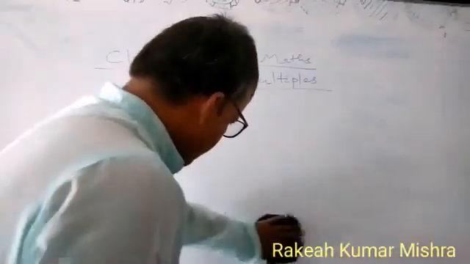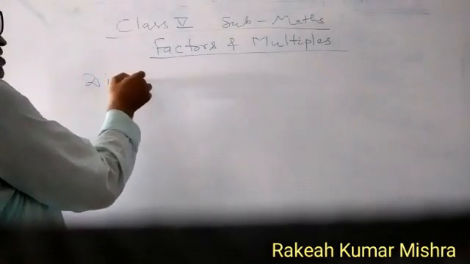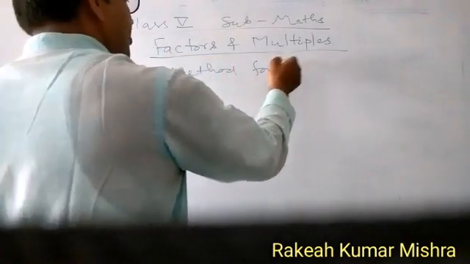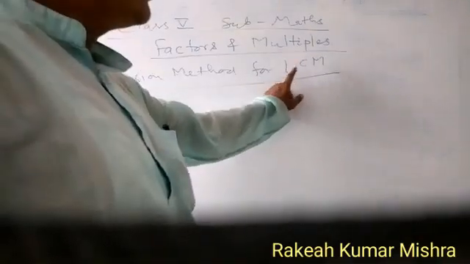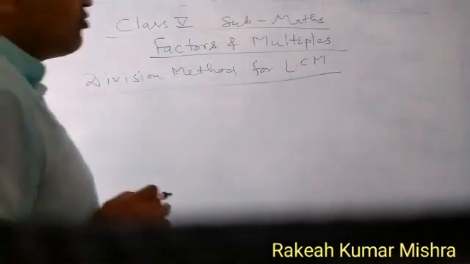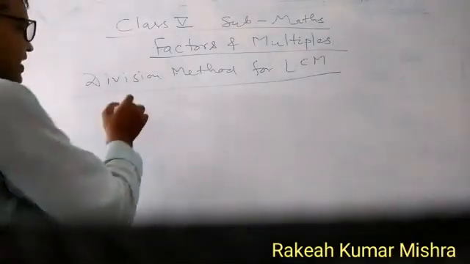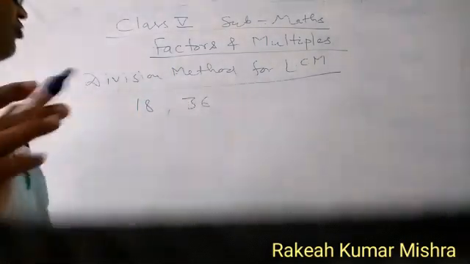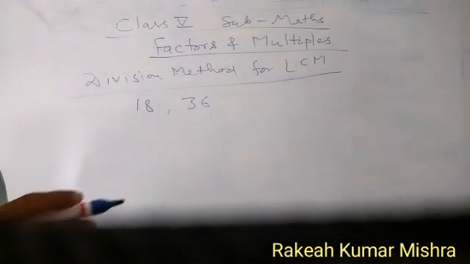Now we want to know the division method for LCM. Division method for finding LCM. You know LCM, least common multiple. Suppose we have to find LCM of 18 and 36. We have to find LCM of both numbers.